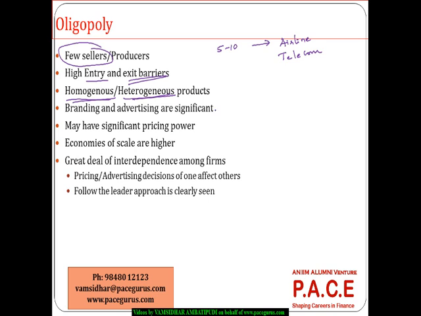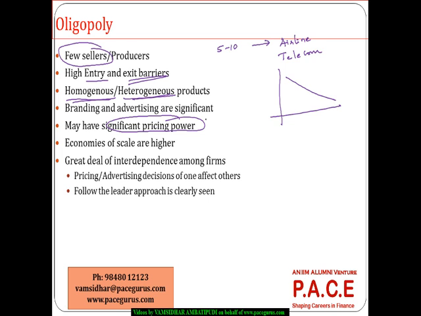So even oligopolies involve branding and advertising costs, but what we see is in monopolistic competition that cost is much higher. And of course they have a very good pricing power, right? Because even in their case you see that the firm's demand curve is downward sloping.